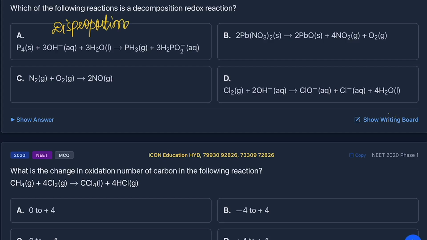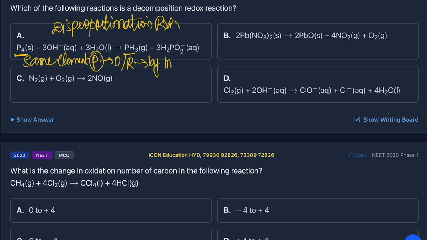Because the same element, phosphorus, is oxidized and reduced by involving multiple reactants.